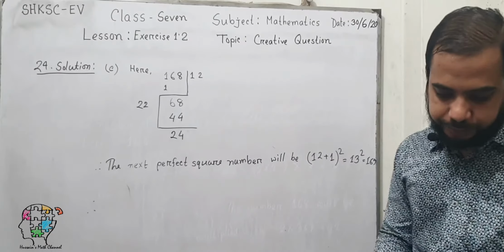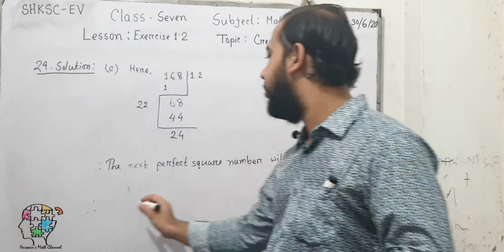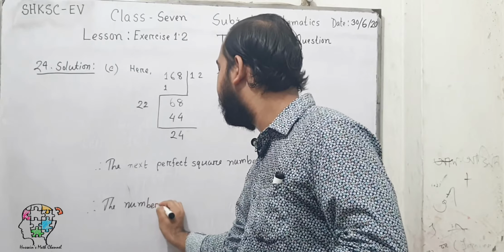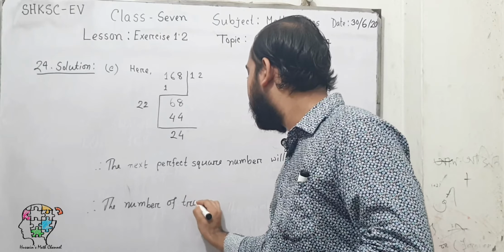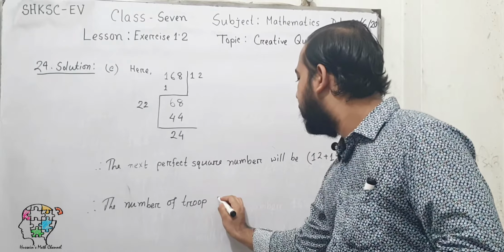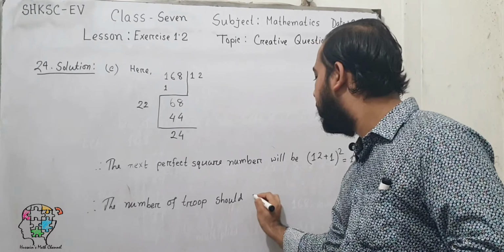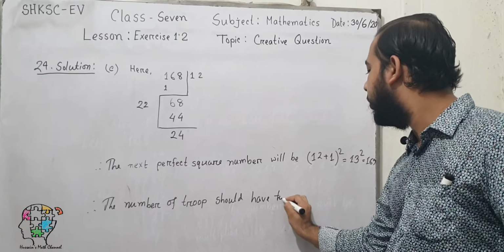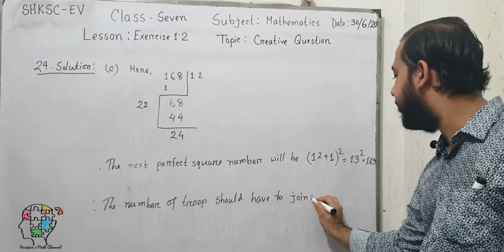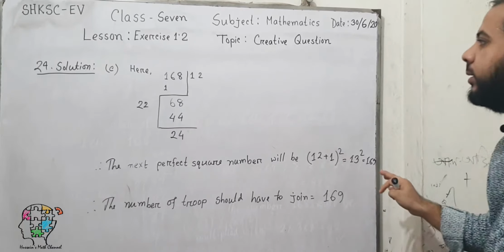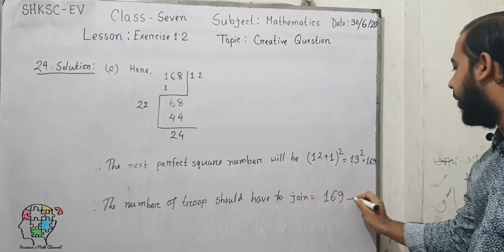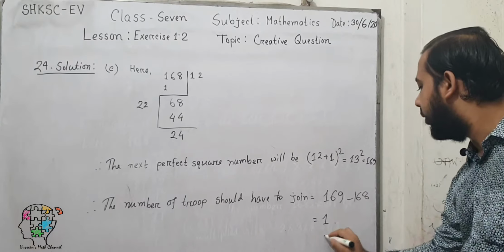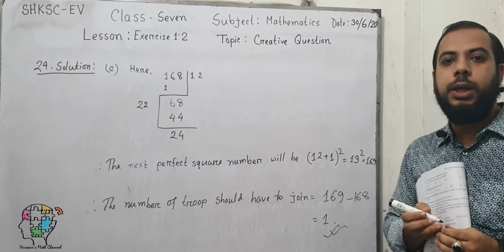Therefore, to find the number of troops that should have to join, we subtract the original number 168 from our new number 169. So we will get 1, which is our required number. I hope you understand.